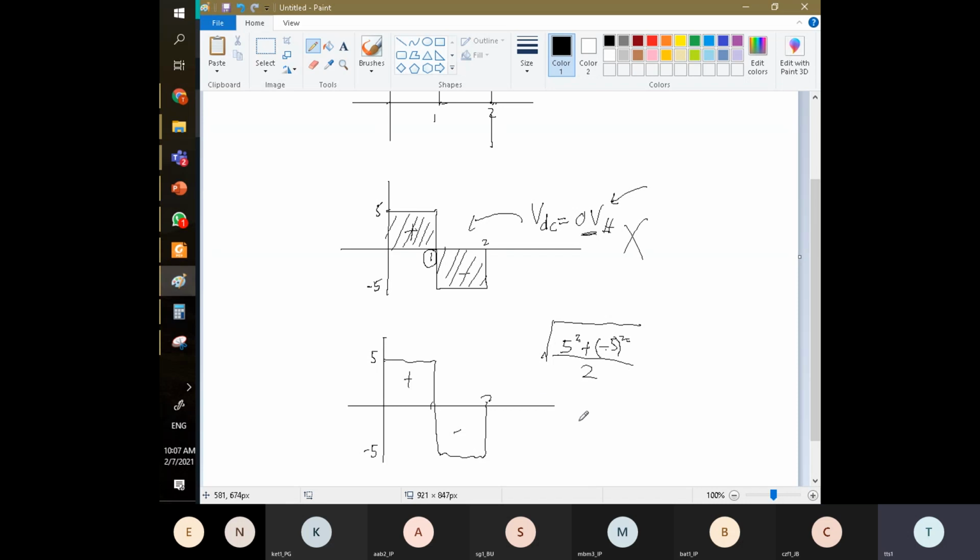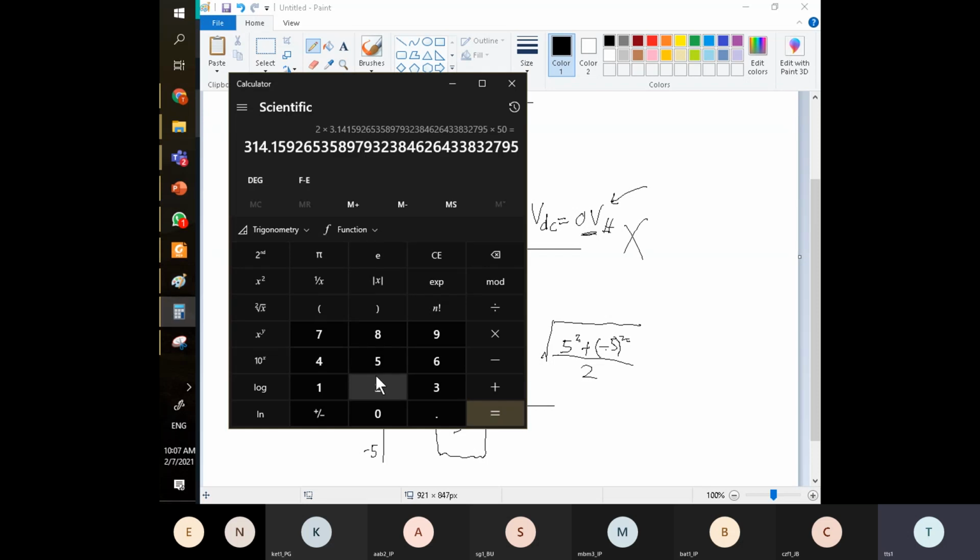We average these two, and then we can calculate the number. 25 plus 25, divided by 2, and then we take the square root. Where is the square root? Yeah, here, right? Then we get 5. The answer is 5.